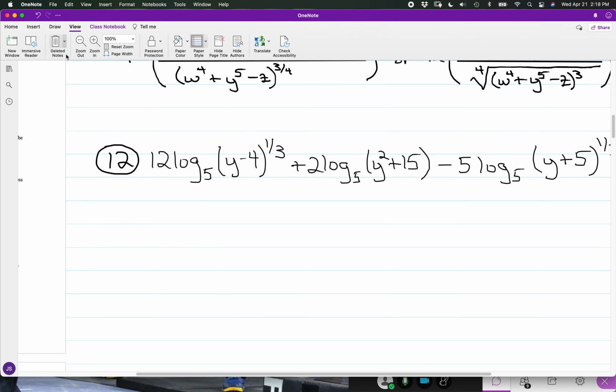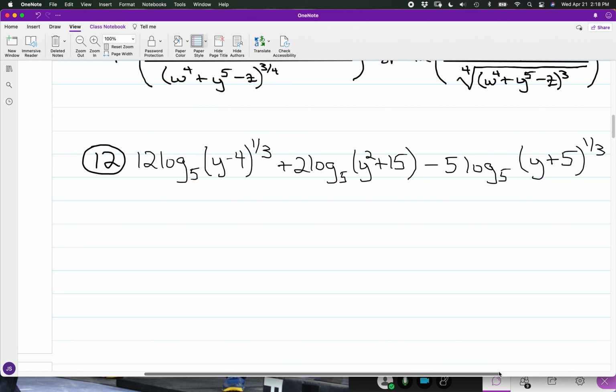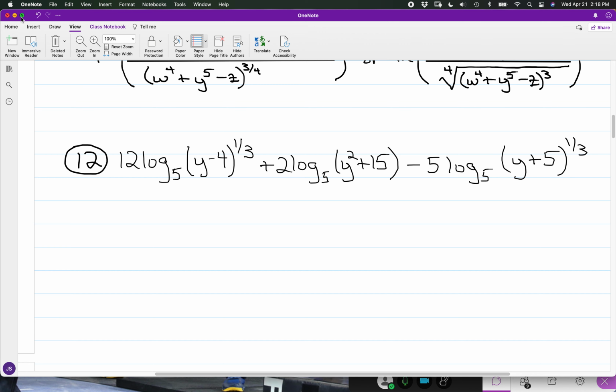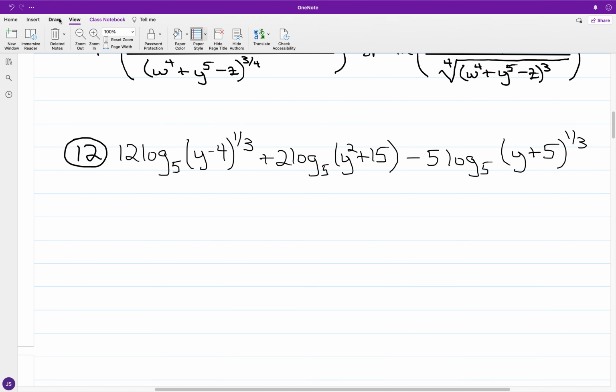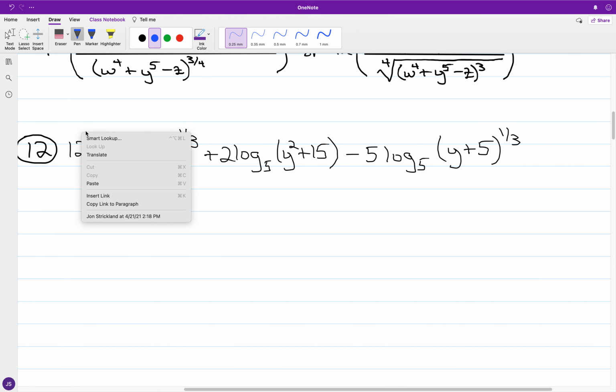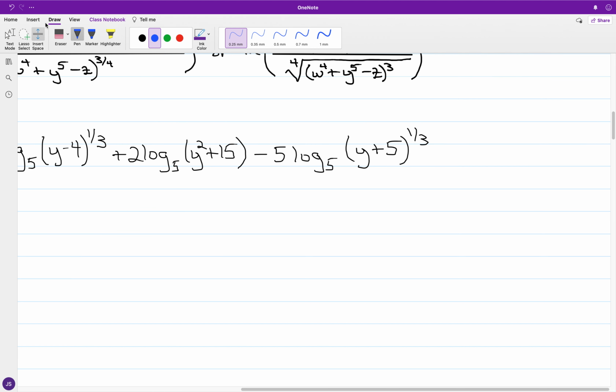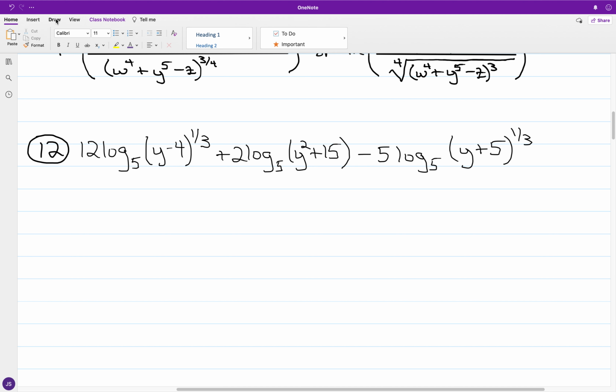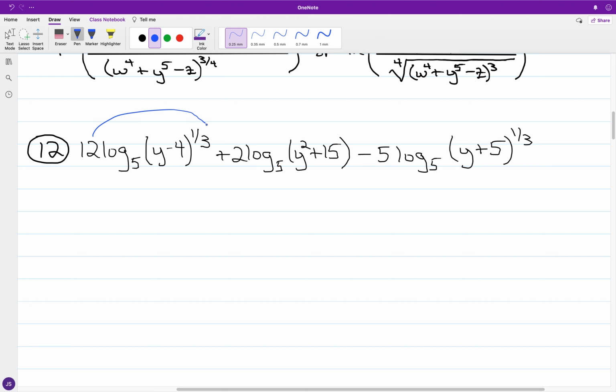If you notice, we have exponents, but we also have coefficients out at the front. So what I'm going to do here is that we've got the 12, the 2, and the 5, and those are going to operate along the lines of exponential operators. 12 is going to operate as an exponent, 2 is going to be a power, and 5 is going to have its own exponential capabilities.